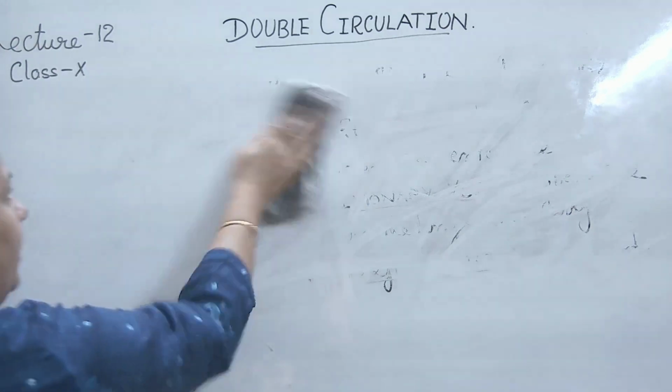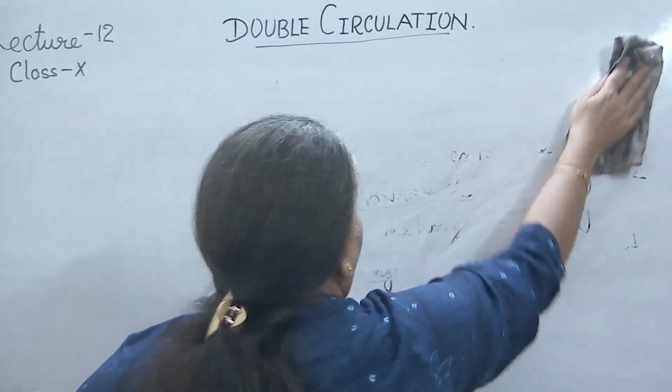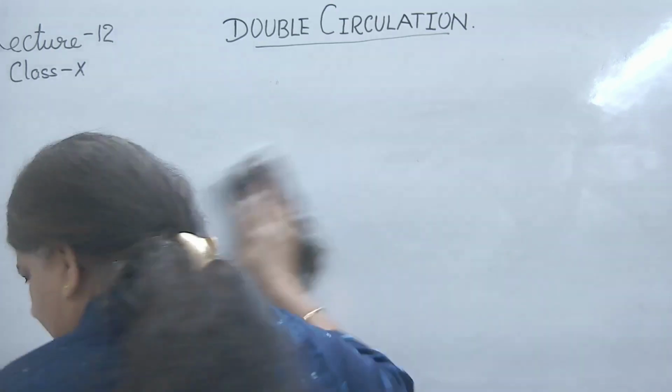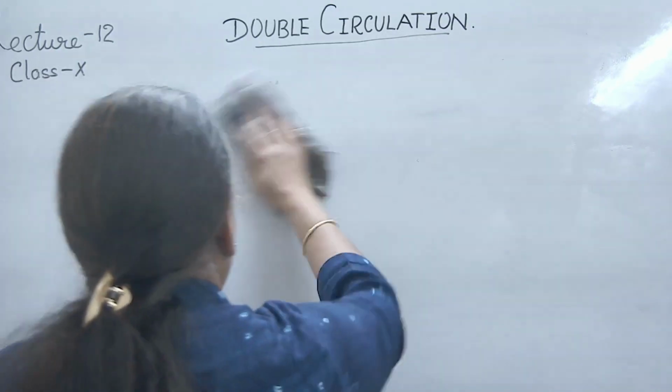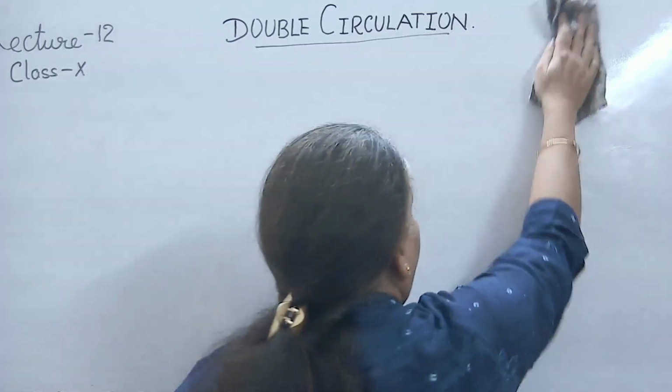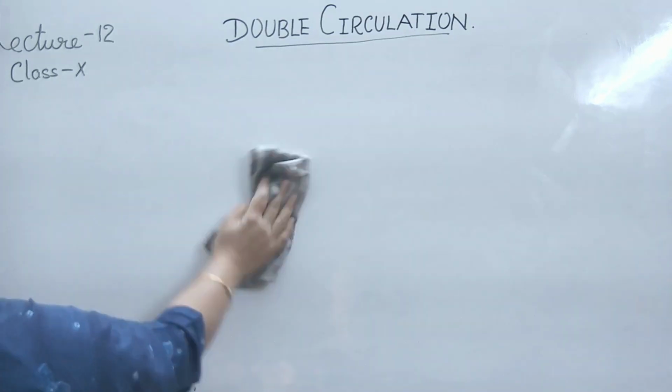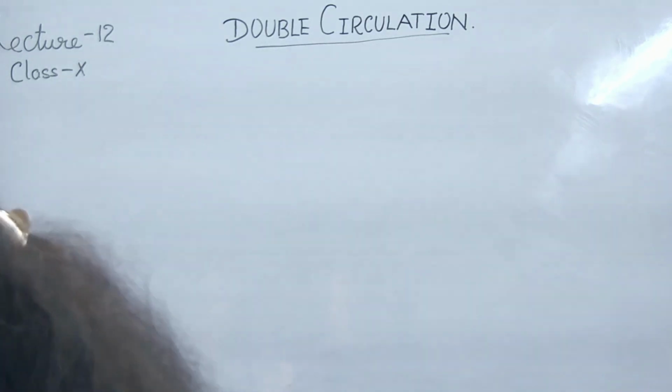Systemic circulation, as the name suggests, pertains to major circulation, or the blood is circulated to all parts of the body. Oxygenated blood is circulated to all parts of the body.